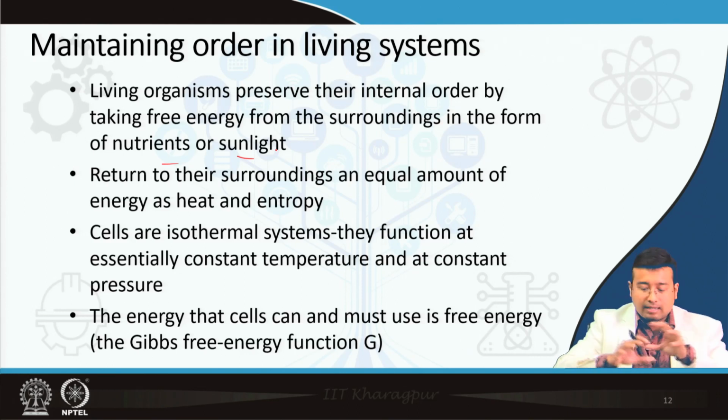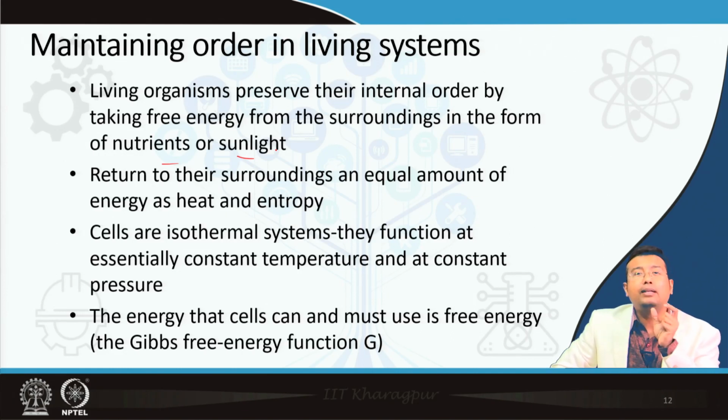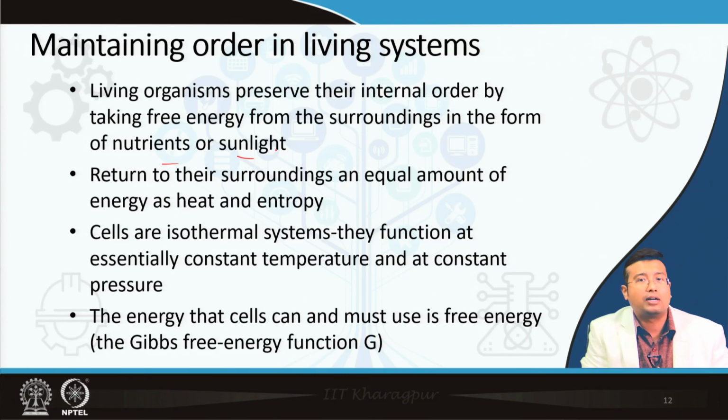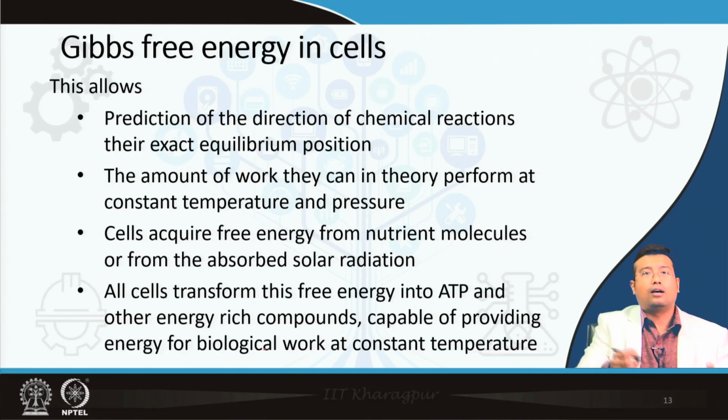But a cell is always isothermal, meaning the internal milieu of a cell is fixed and the temperature is always fixed. So, generally we can consider a cell to be an ideal system where constant temperature and pressure are maintained. So, the only energy with which the cell has to deal with all its functions is actually the Gibbs free energy.